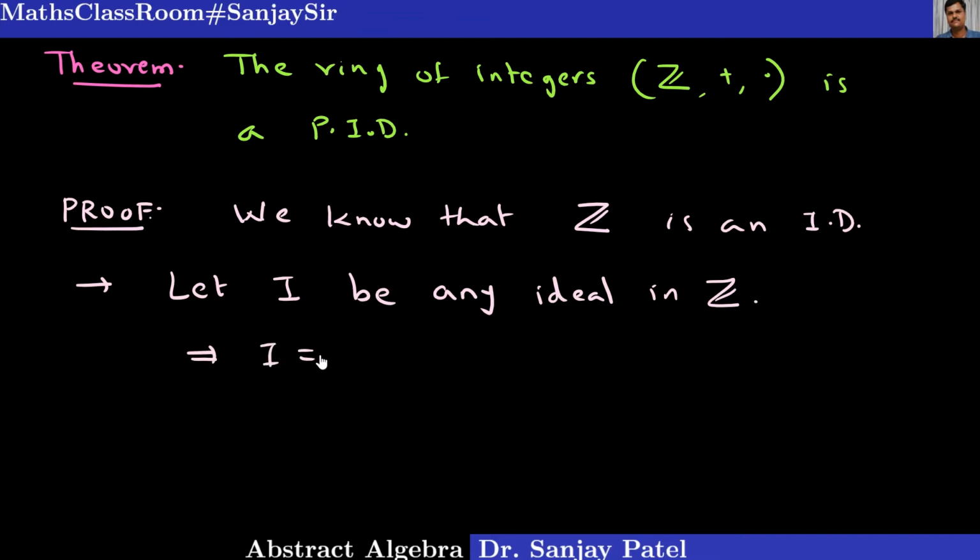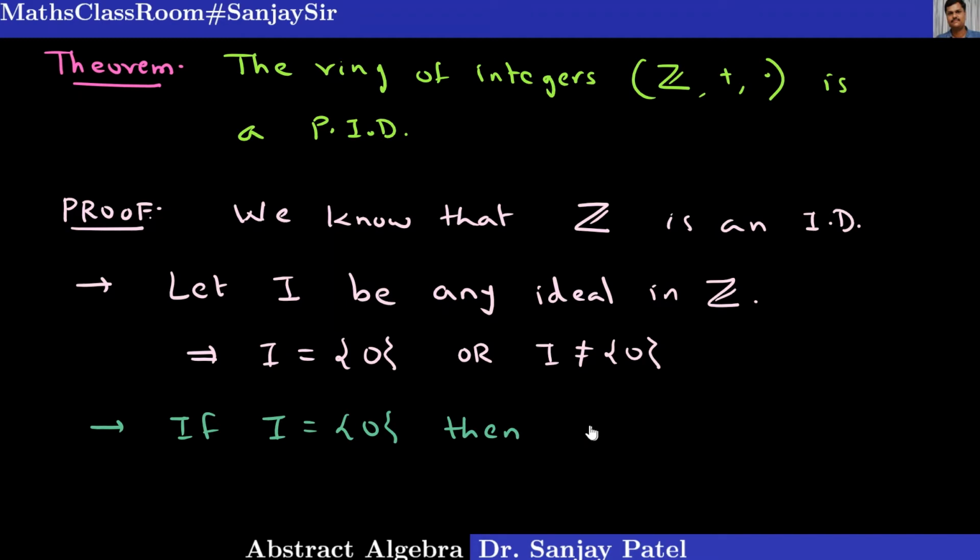I is either a zero ideal or a non-zero ideal. If I is the zero ideal, then we know that we can write I as the ideal generated by the zero element. So in this case, I is a principal ideal.